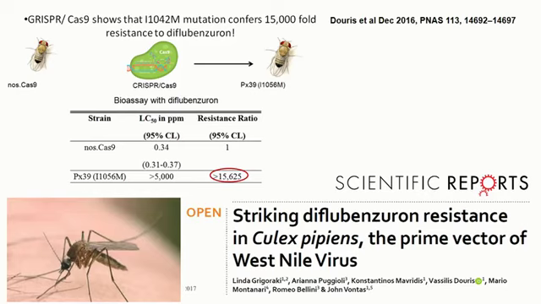Our group was able to identify a single mutation in the chitin synthase gene that confers up to 50,000-fold resistance to diflubenzuron. We were able to validate this data in vivo using a CRISPR-Cas9 system, and unfortunately this mutation was also found in Culex pipiens mosquitoes, which are the prime vector of West Nile virus.